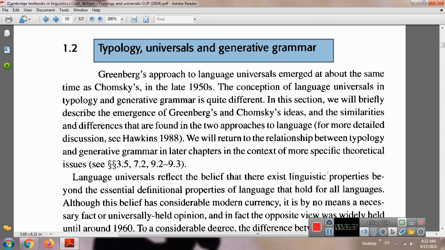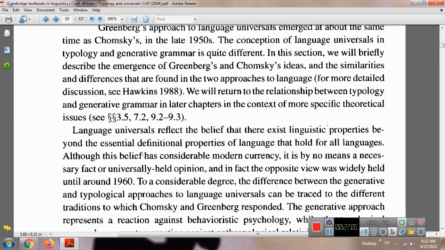In this section, we will briefly describe the emergence of Greenberg's and Chomsky's ideas and the similarities and differences found in the two approaches to language. We will return to the relationship between typology and generative grammar in later chapters in the context of more specific theoretical issues.